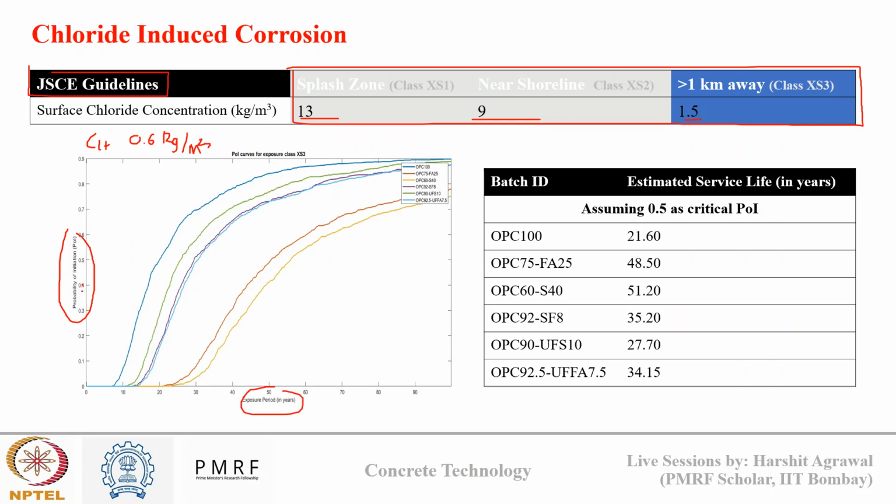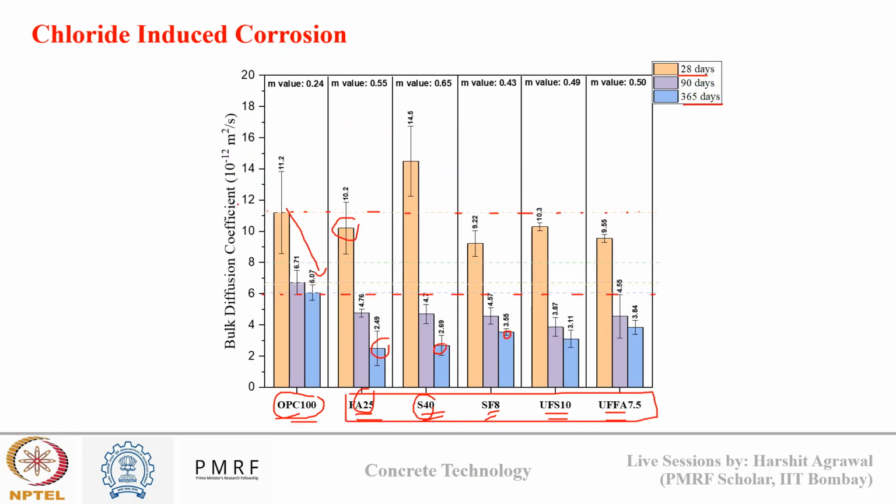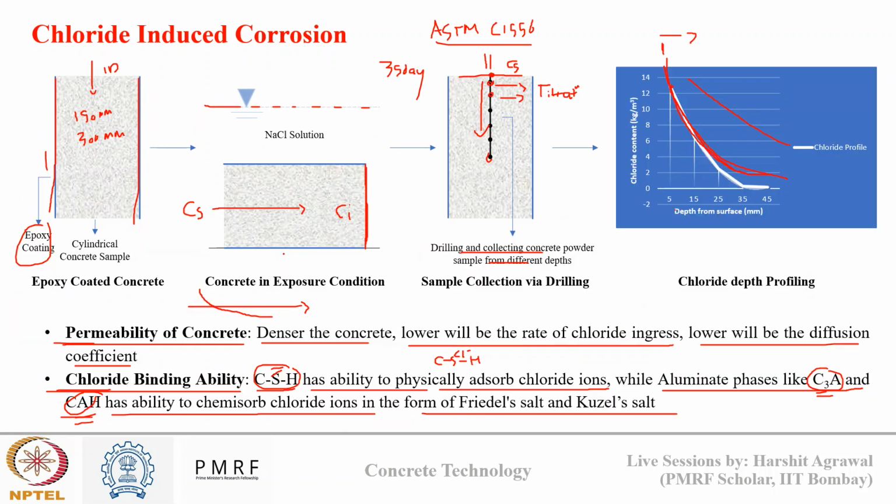Why probability? Because the diffusion coefficient value that we are estimating is not an exact value. It comes with its own standard deviation, because we are fitting experimental data on a mathematical equation, so that fit may not happen accurately every time.